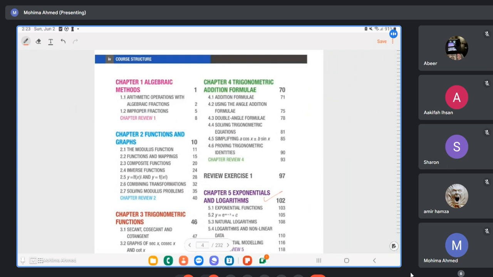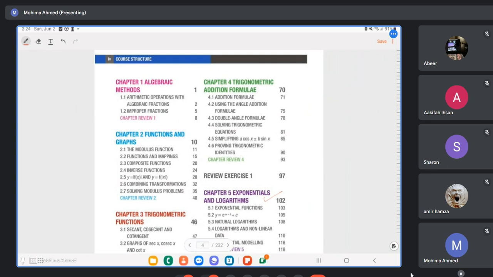This is entirely related to your chapter 4 of P1, if you remember, translation transformation. One thing: translation transformation is the basis for your entire A-levels pure maths. I hope all of you remember chapter 4 of P1. This is the basic part.